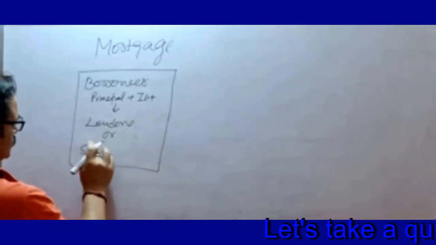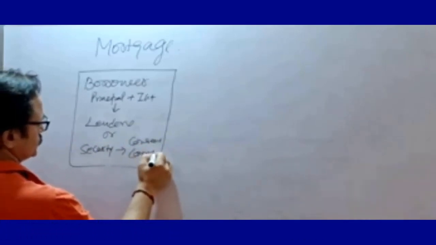Or security, but security with the consent of court if needed. So it's judicial, I would say, right? Judicial. This is what this mortgage document, this security instrument, is all about.